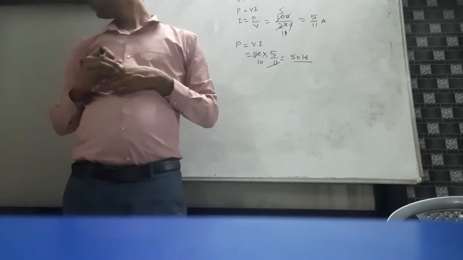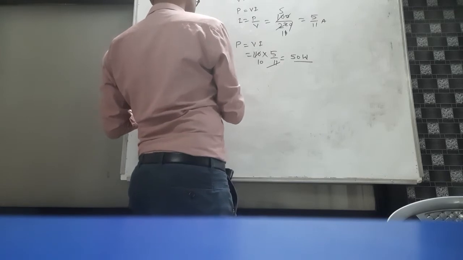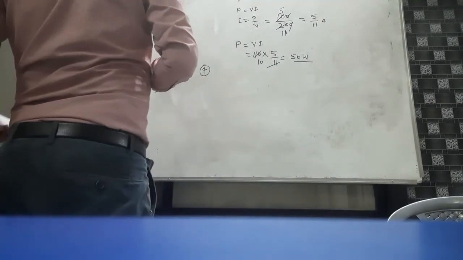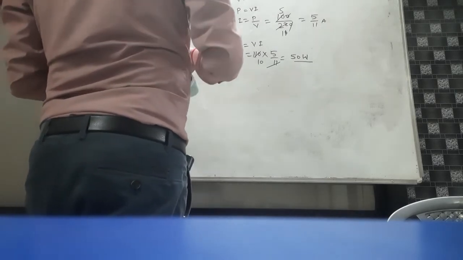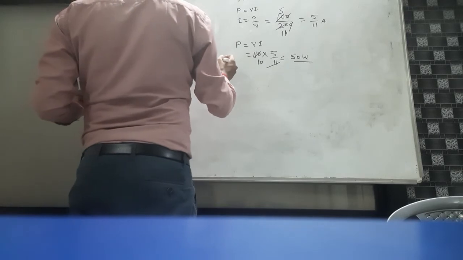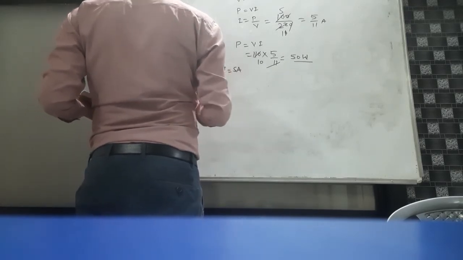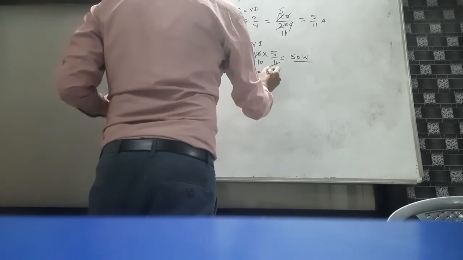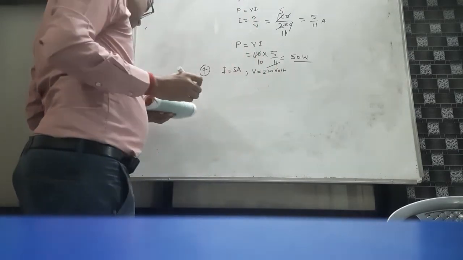Now the next question, question number 4, is given. An electric motor takes 5 ampere from a 220 volt line. Given current is 5 ampere and voltage V equals 220 volt.